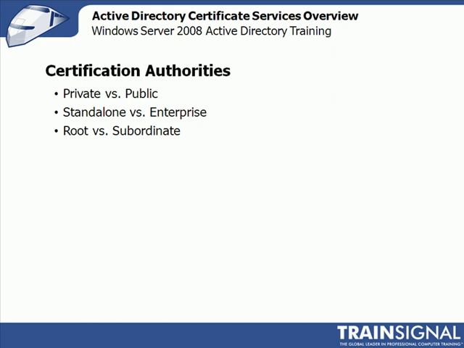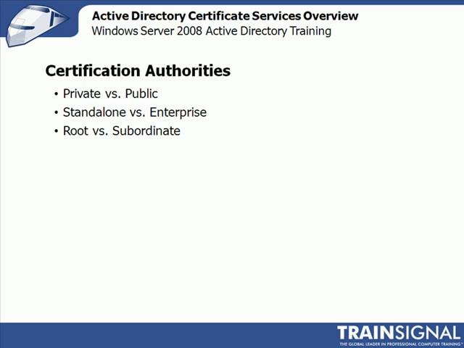And Microsoft best practice is that your root, which I know I keep kind of jumping ahead, but it's all going to come together at the end, the root CA should be a standalone offline root, and your subordinate or your issuing CAs be your enterprise CAs.